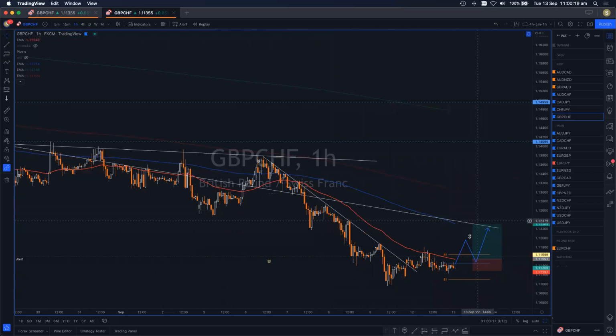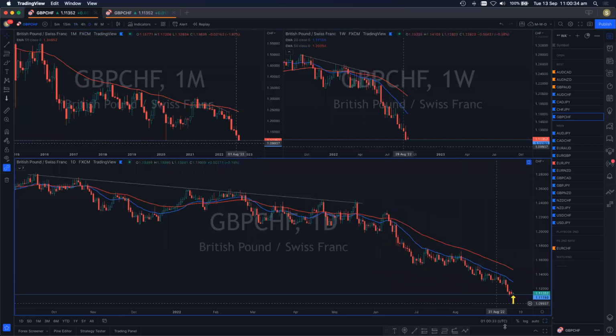It could be a nice little long trade up to the 4-hour 50 or this downward sloping trend line, which is going back away. Or you could even trade it higher if you wanted to. I mean, this is so oversold on the daily, it's really ripe for a reasonable pullback.